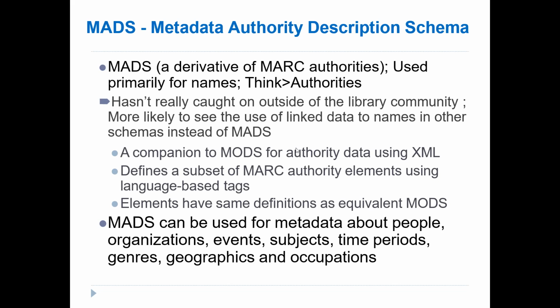So we're not looking at whether we need to include the actual text strings representing names. We're just looking at whether we can link to an authoritative source for our identity management.